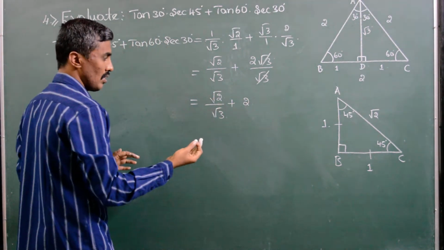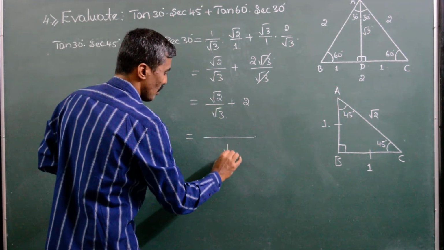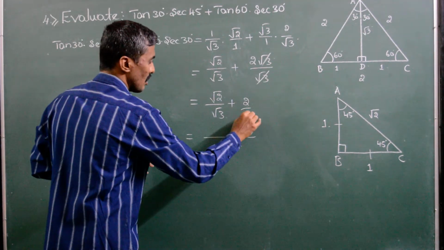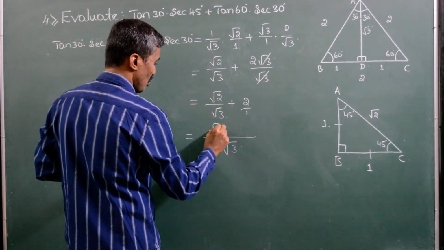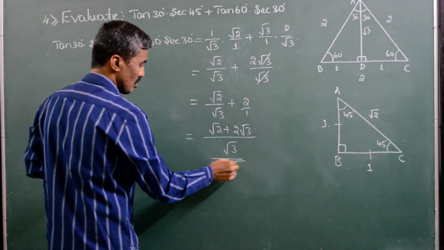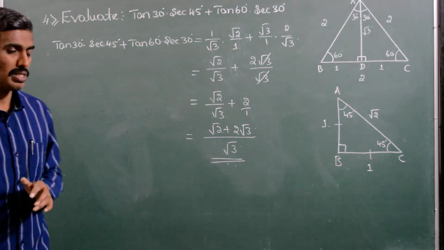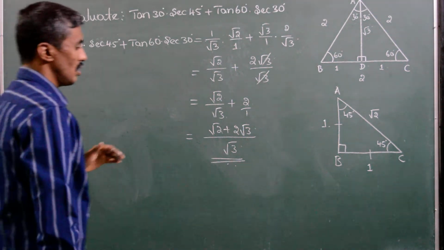You can stop here. If you want to continue, you can also continue. The LCM for the denominator is root 3. So then it becomes root 2 plus 2 root 3. Further we cannot simplify. Therefore the result is root 2 plus 2 root 3 divided by root 3.